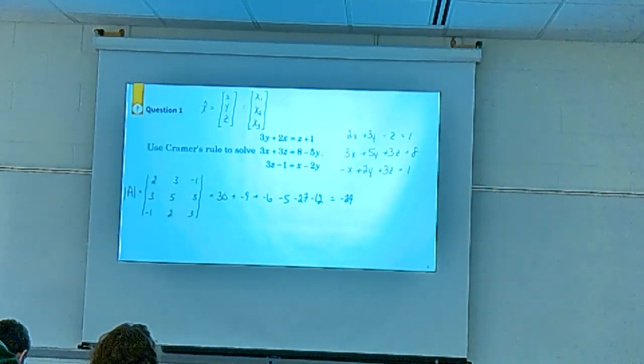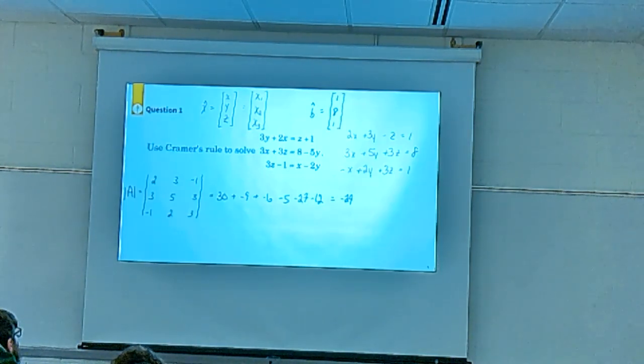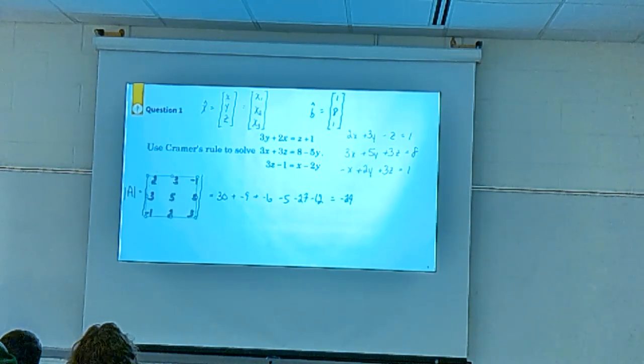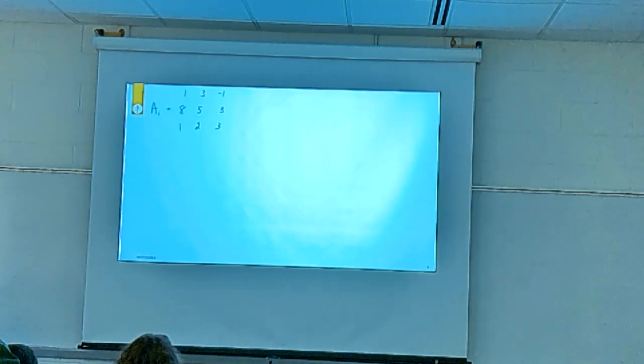A1. Replace the first column in A with that B. Now we take that determinant.